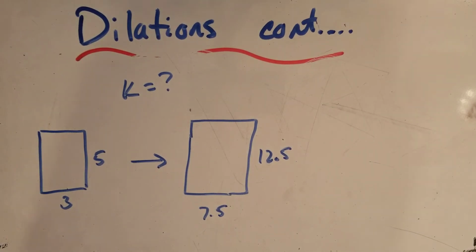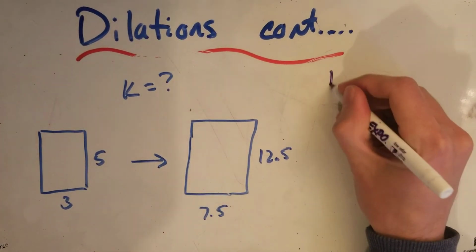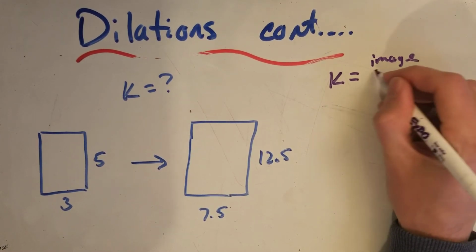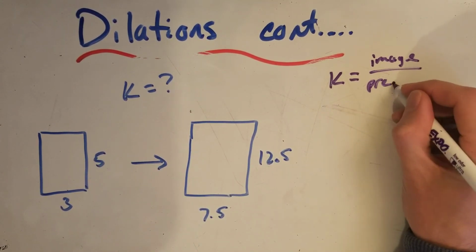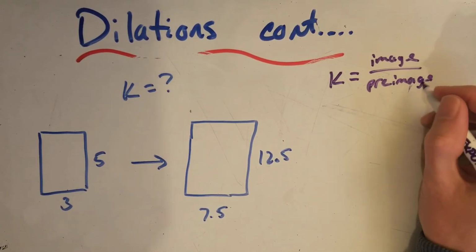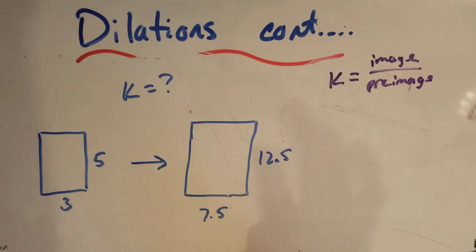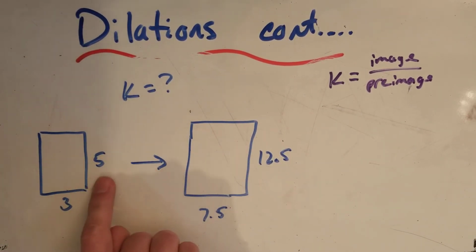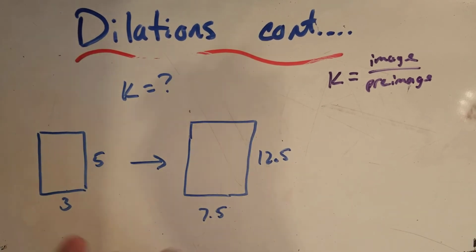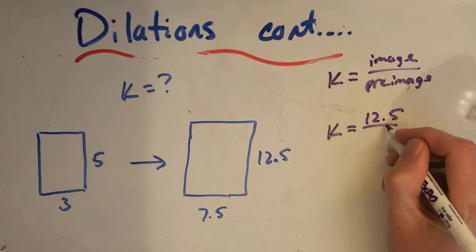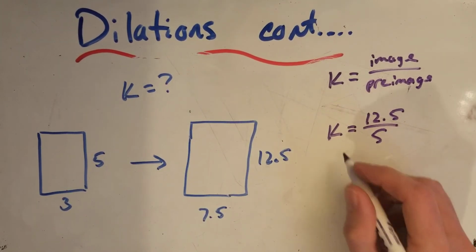Like I said before, your scale factor is going to be the image where you ended at divided by where you started at. That's the scale factor to go from the first image to the final image. So let's see what matches up. The largest, the 12.5, is going to match up with the 5, and the 7.5 would match up with the 3. You can choose either. If I do the 12.5, then I have to go with 5 in the denominator.